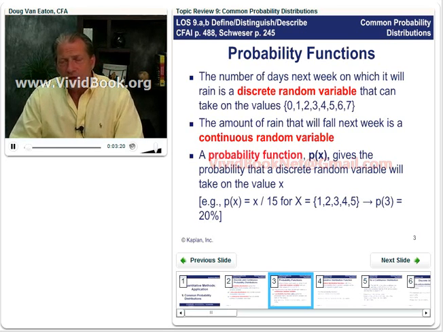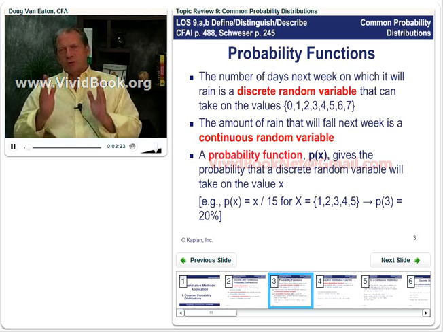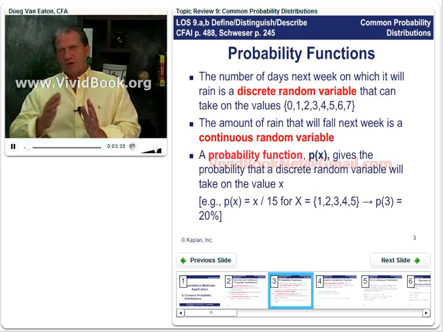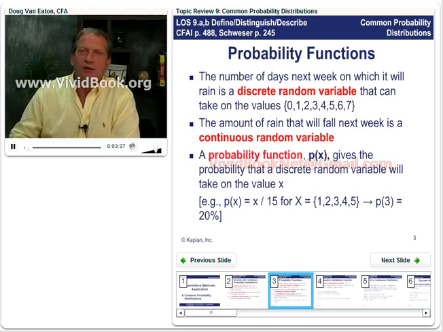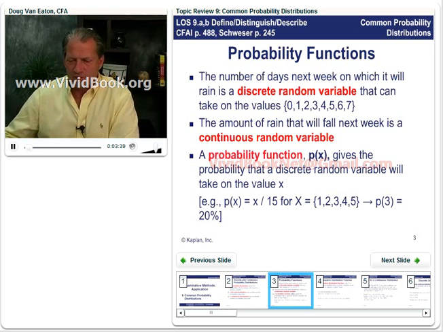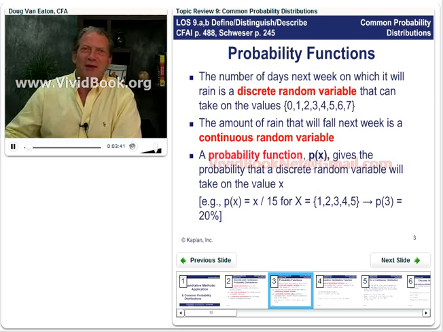It doesn't come up much in the curriculum at Level 1, but we can also have a probability density function. That's what we use for a continuous random variable. We won't have to deal with these because in order to get probabilities on those, you take a range and then integrate across that range. And we don't integrate in Level 1 CFA material or any of the other levels for that matter.